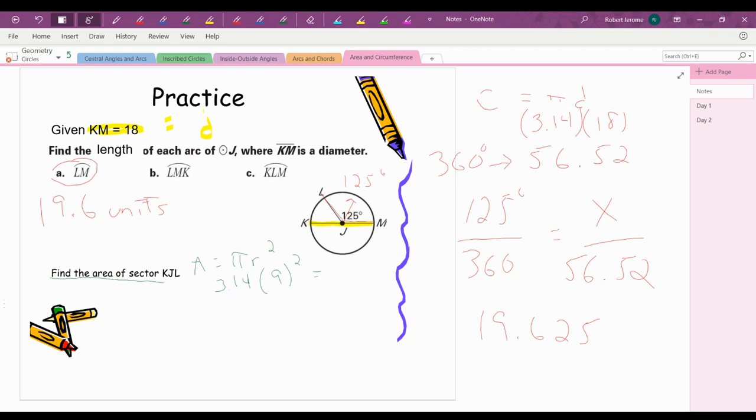So we find our area, and our area looks like 254.34. And again, that's the whole thing. That is the 360-degree circle.